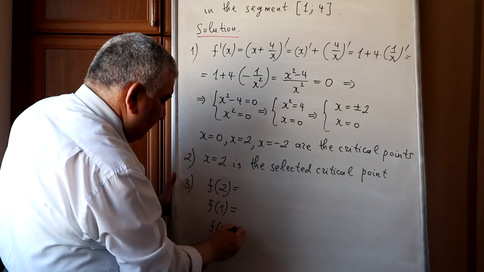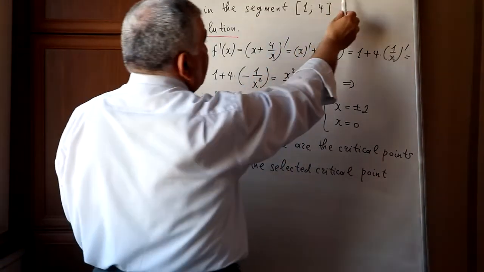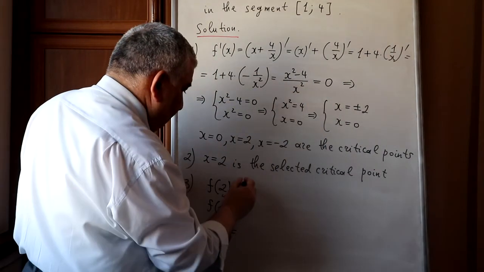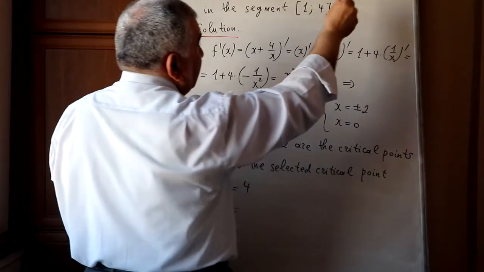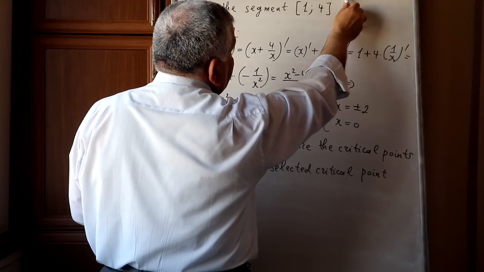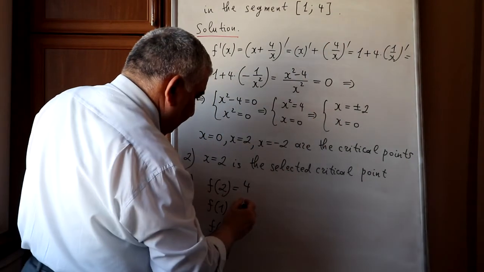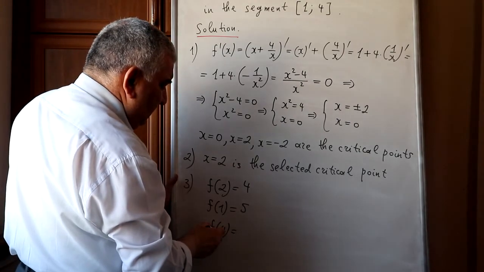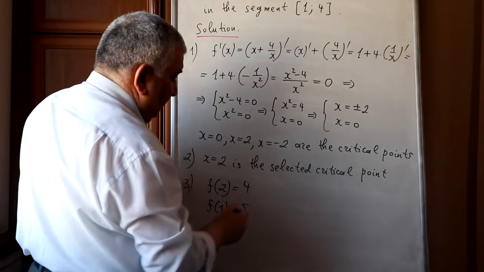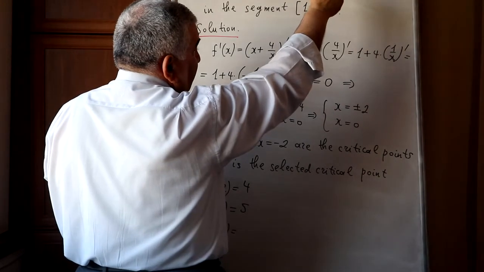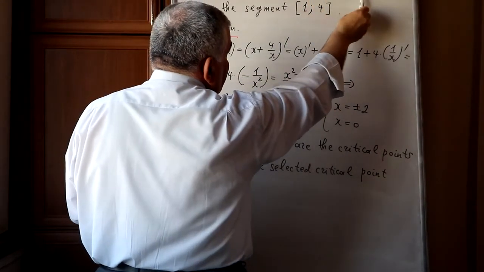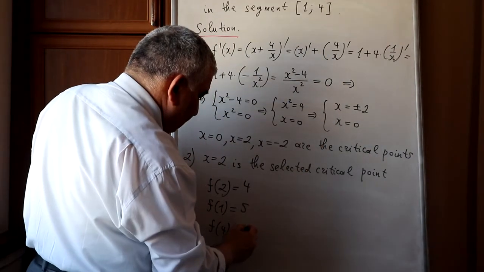For this, substitute 2 instead of x in the expression of the given function: 2 plus 2 is 4. Then substitute 1 instead of x: 1 plus 4 is 5. And then substitute 4 instead of x: 4 plus 1 is 5, also 5.